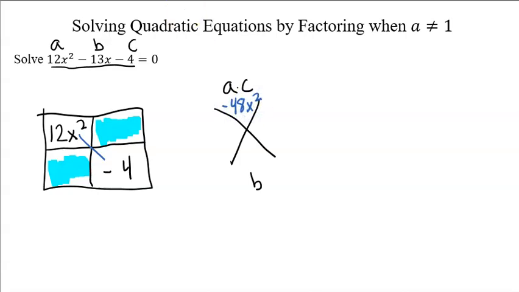Alright, and then I know that the products across the green line and the purple line are equal. And so now I want to get what these two terms have to add equal, which is always the b value. So in this case, it's going to be b, circle it here, so it's negative 13x.